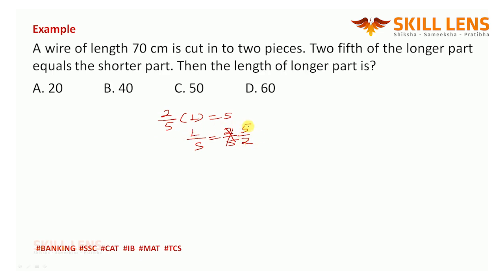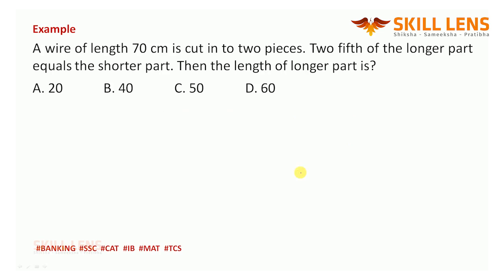So the longer part is 5 parts, the shorter part is 2 parts. Can I say the total is going to be 7 parts? 7 parts is 70, then 1 part is going to be 10. I want the longer part, so the longer part is going to be 5 into 10, that's going to be 50. So this is the other way of doing the question.